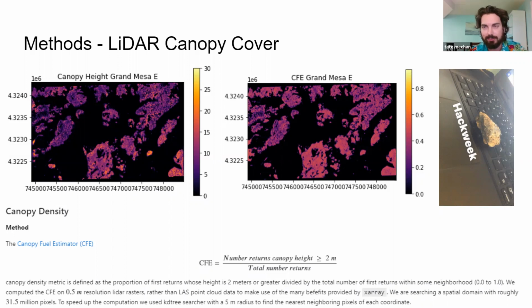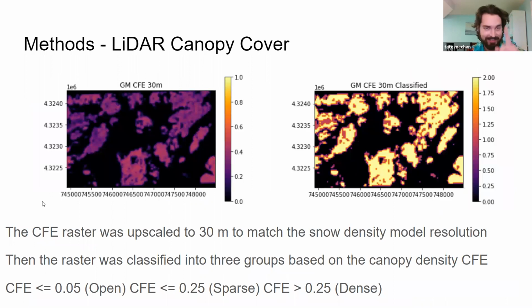And that's what's presented there. This calculation took quite a bit of compute hours, about 2.5 hours to move through this image, which has 31.5 million pixels. So I had to drop a rock on my keyboard in order to keep the Jupyter notebook running. Next slide. That was a Hack Week tip for everybody out there.